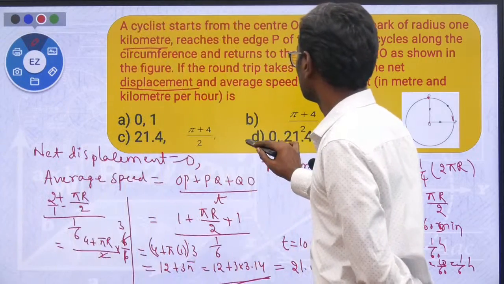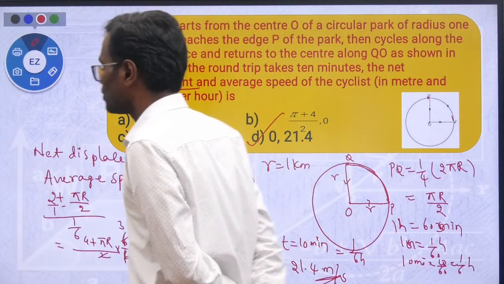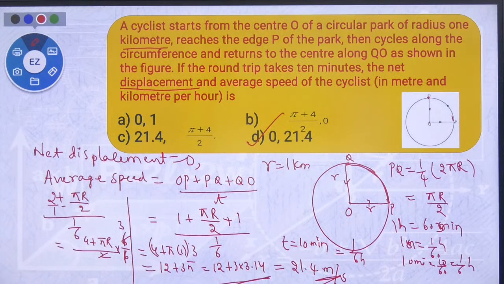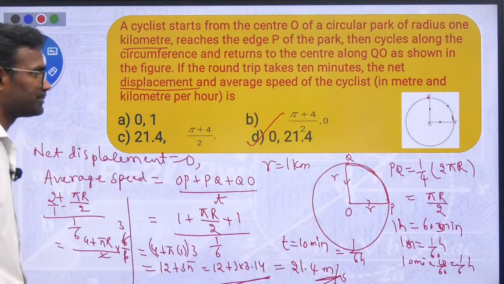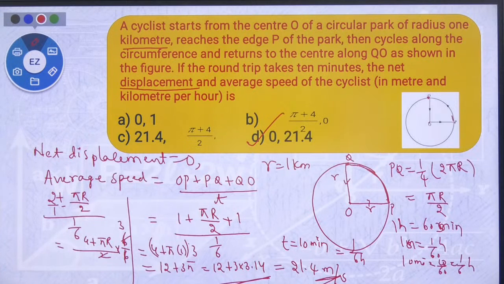Your answer will be D, 0, 21.4. So displacement is 0, average speed is 21.4 meter per second. Okay, so please note down this.